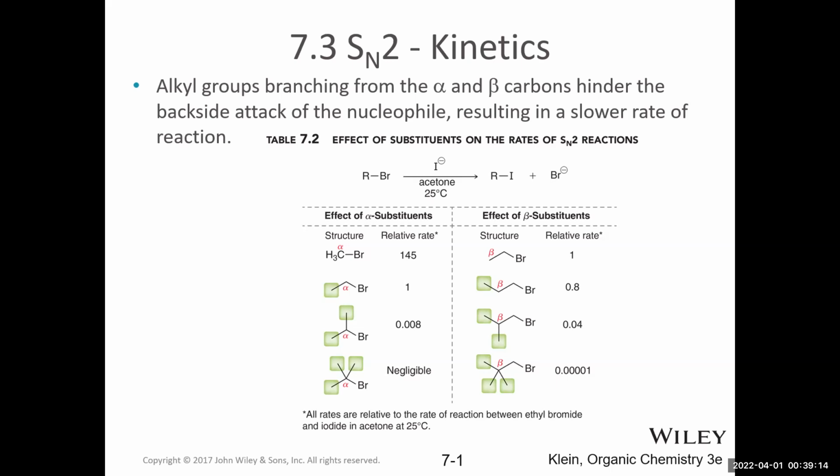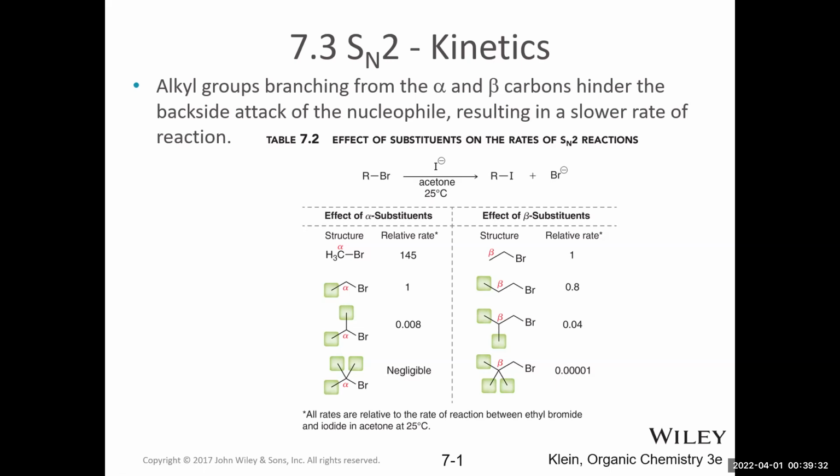The reason for this is because, as we know in an SN2 reaction, the nucleophile approaches the backside of the alpha carbon and starts to form a bond at the same time as the carbon to leaving group bond starts to break.